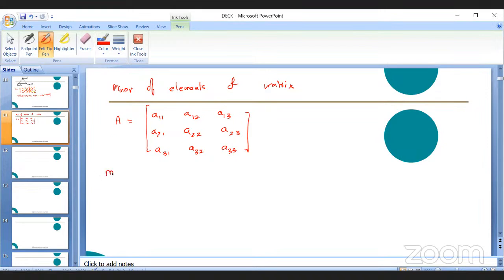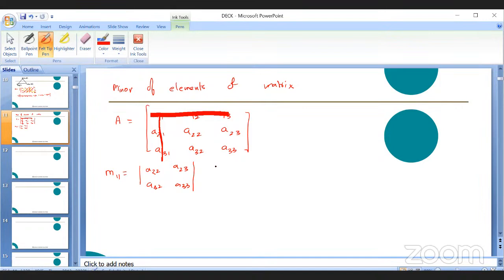If I have to find minor of A11, what will be the minor of A11? How will you know? A11 is in this row and in this column. Remove it. What you have left? A22, A23, A32, A33.